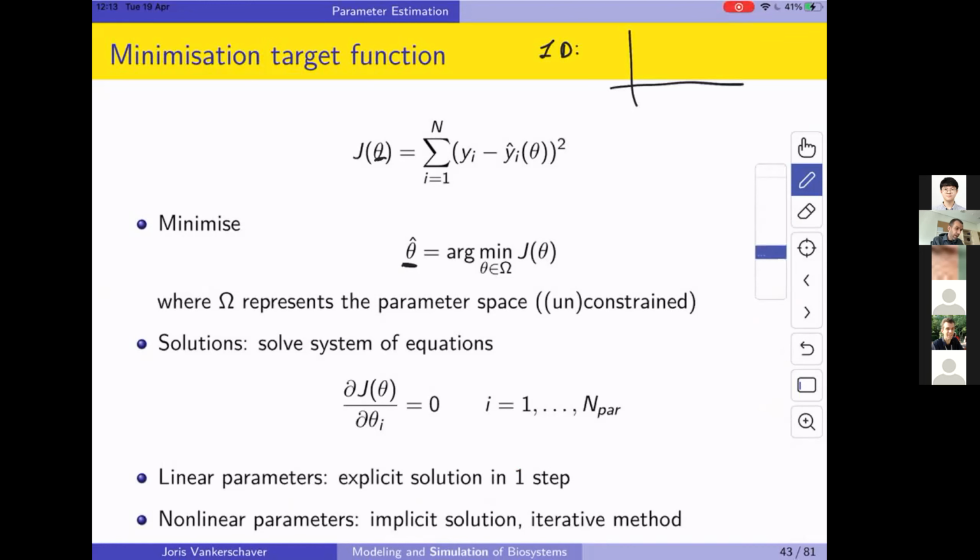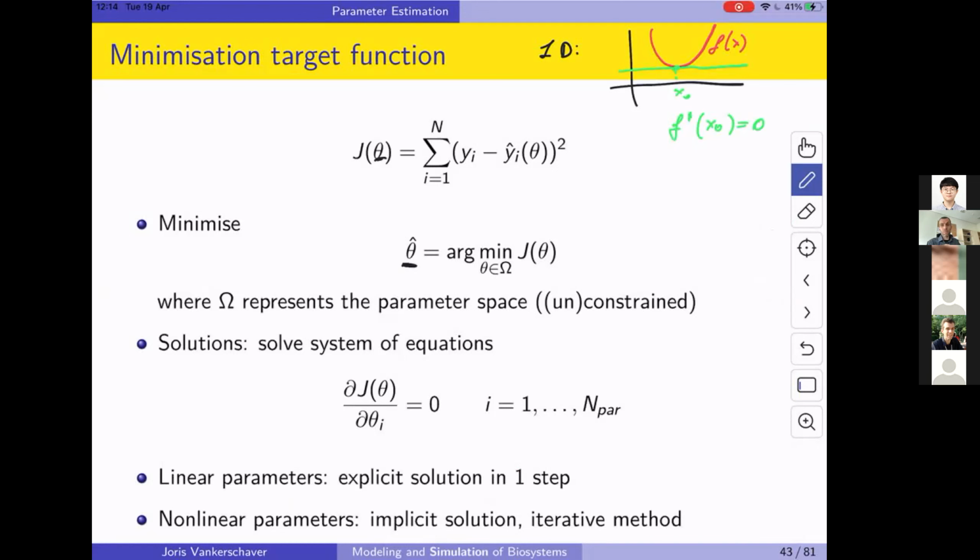If you want to find the minimum of a function f of x, then that's going to be the point where the derivative vanishes, where the tangent line is horizontal. If this is x0, the minimum, then that's going to have the first derivative equal to 0.